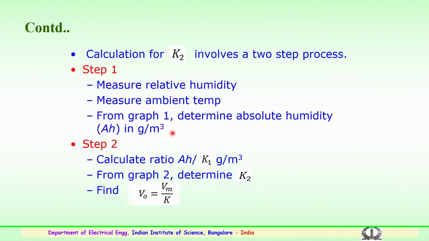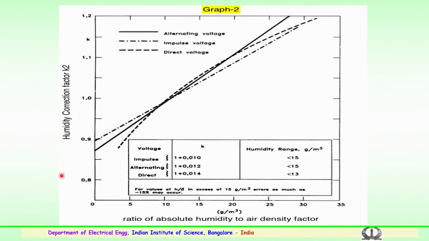Now, step 2 is to calculate the absolute humidity divided by K1, in grams per meter cube. Again, we have to refer to graph 2 to determine K2. So, how do we do that? This is the graph for K2, the humidity correction factor. It gives the ratio of absolute humidity to air density on the x axis and the humidity correction factor on the y axis.